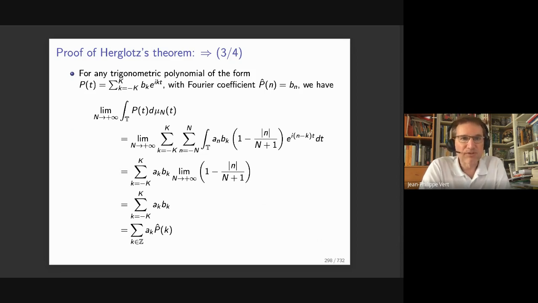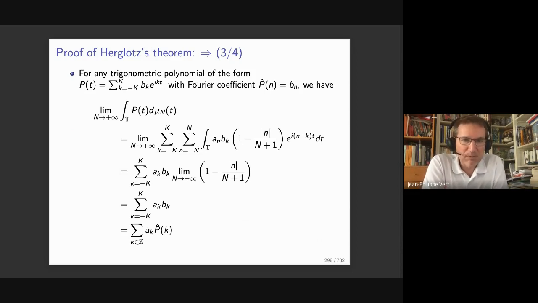But what's important is that for any trigonometric polynomial, when you compute the integral of p of t times d mu n of t, you obtain something, and you can take the limit when n tends to infinity, and this limit gives you a functional which is the sum over k of ak p hat of k. So p hat of k is the Fourier transform of the polynomial. Right.